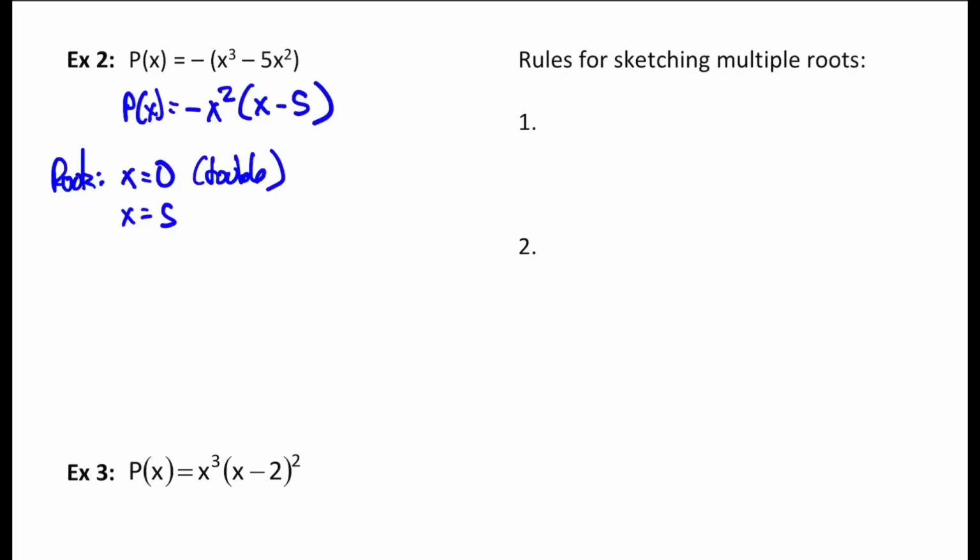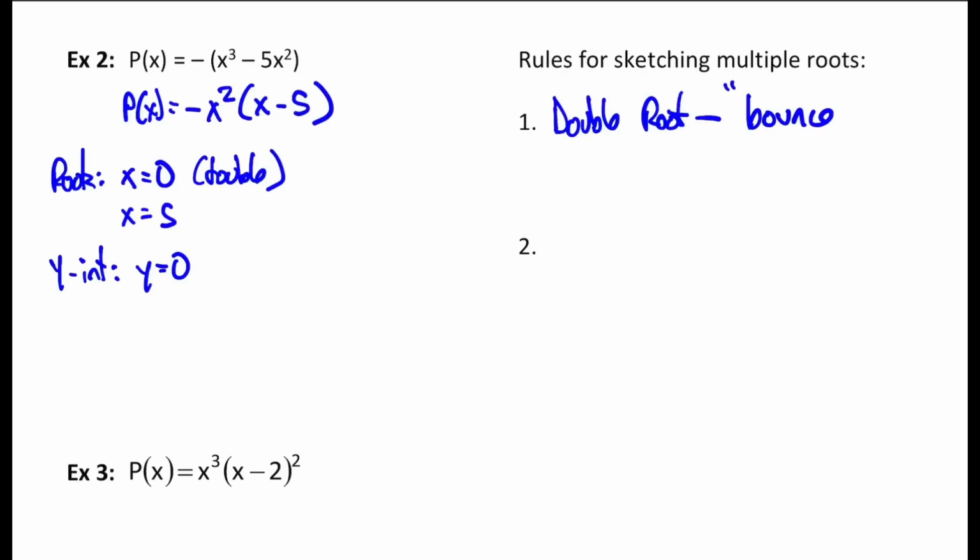The y-intercept here is also going to be 0 because this is what's nice about it. When 0 is a root, the y-intercept is always 0, right? If you think about it, it's got to go through the origin. Now, rules for sketching multiple roots. This is pretty easy. You might remember it from last year. If you have a double root, your graph will bounce.